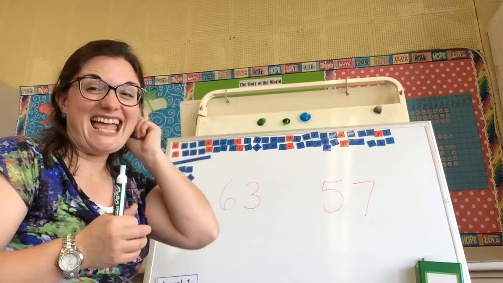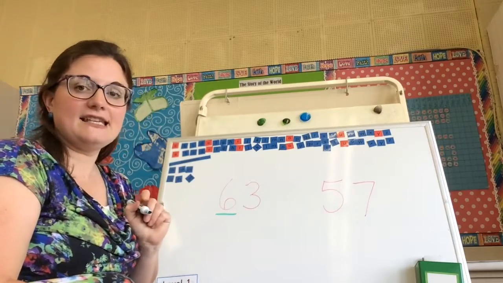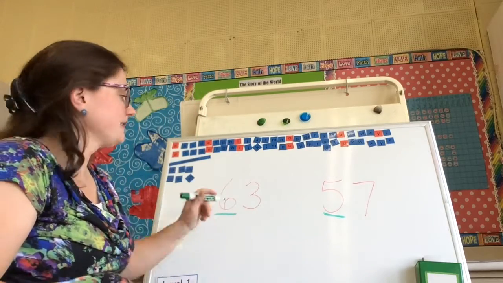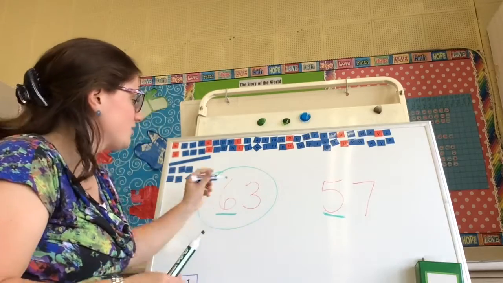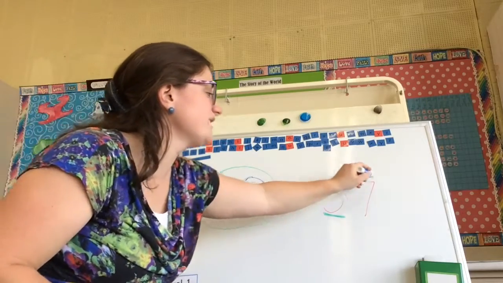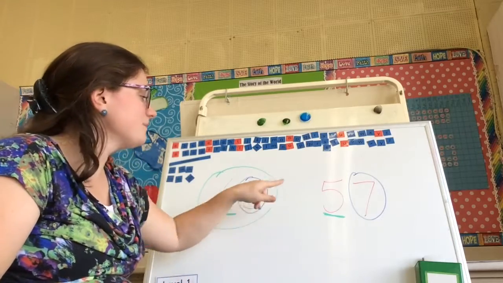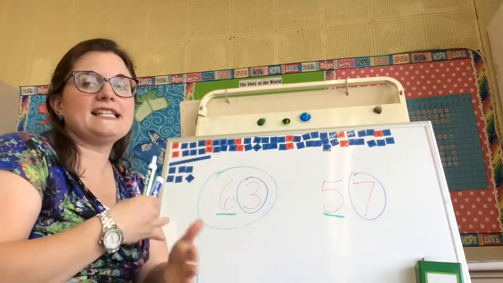We start in the tens, right? So 6 tens here, 5 tens here. So which number's bigger? 63. Even though if we looked at the ones, there's only 3 ones here and there's 7 ones. But remember, if it has more tens, it's going to be bigger. It doesn't matter the ones.